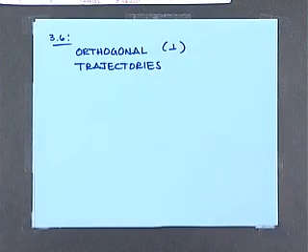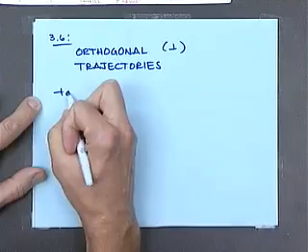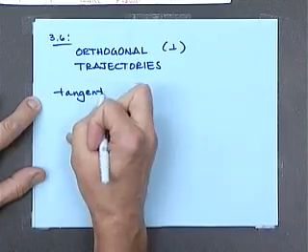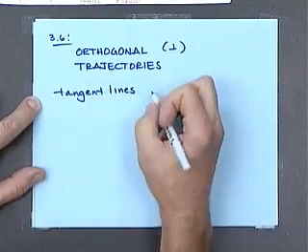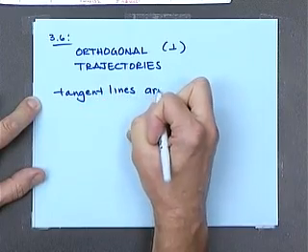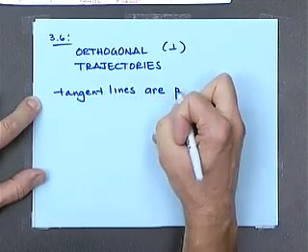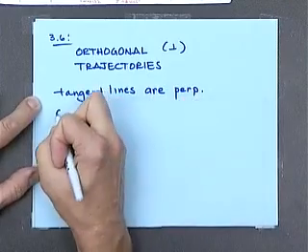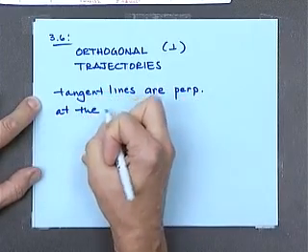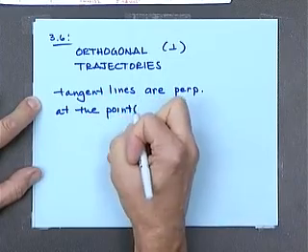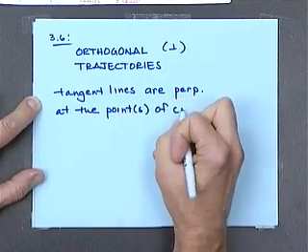So we've got some paths or curves in the plane, and where they actually make contact, they're going to form a right angle. But it's not the curves themselves, it's the tangent lines. So the tangent lines are perpendicular at the point or points of contact.